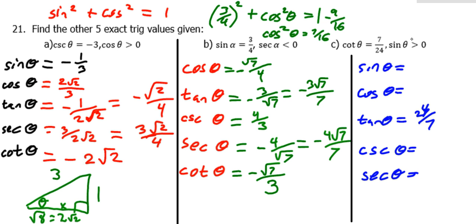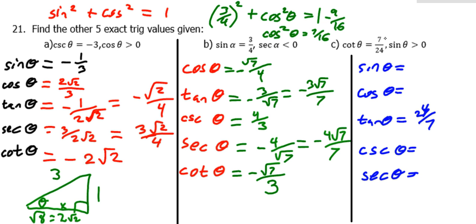So we're told that sine is positive. Down here, we also know that tangent and cotangent are positive from what they give us, which means everything's got to be positive in quadrant 1. So these are all positive. Sine's positive, cotangent's positive, so cosine is also positive.